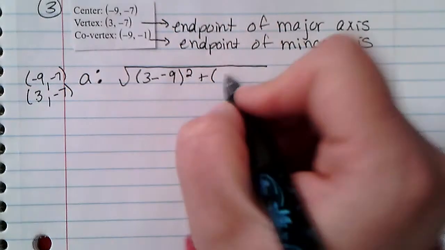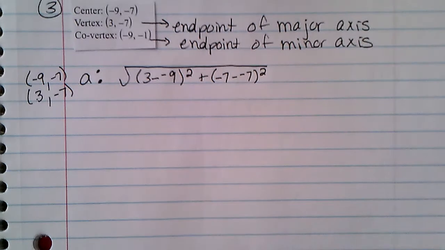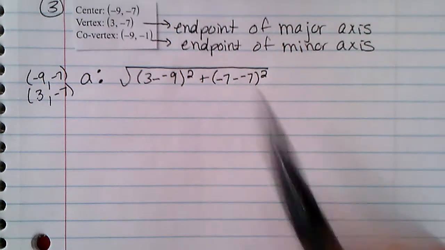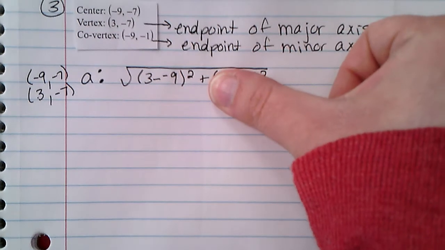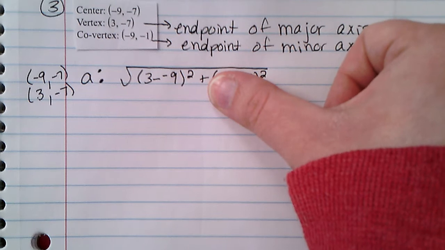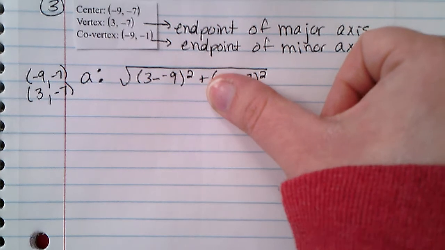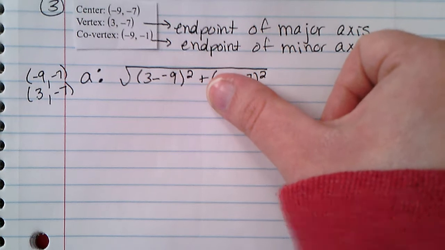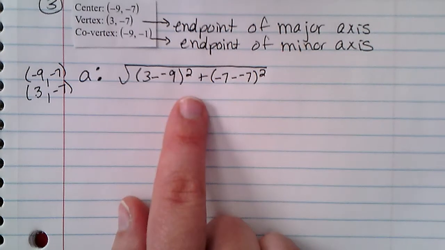Since these are the same numbers, when you subtract those, it's really just going to be 0, because that turns into -7 plus 7. So this is technically going to cancel out and not even matter. But I know some people really like to see that complete work. I'm one of those people. I have to do the entire formula. But if you find any shortcuts, as long as you're careful with them and they're mathematically correct, you'll be fine. So all we have to do is type that in the calculator.